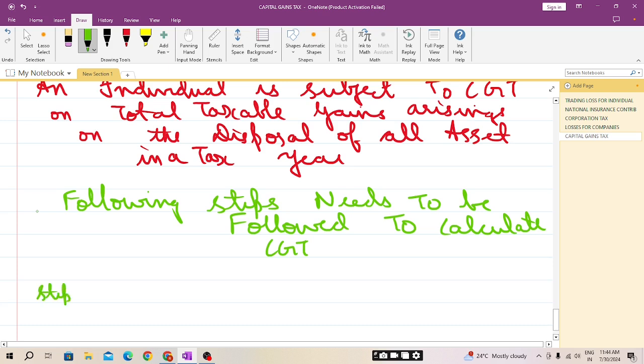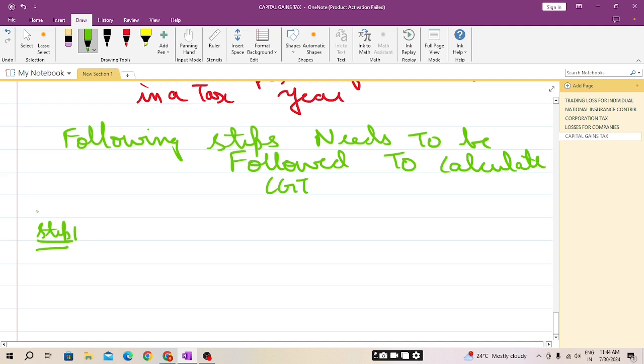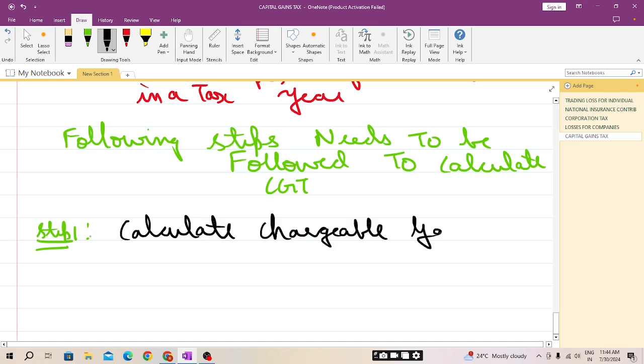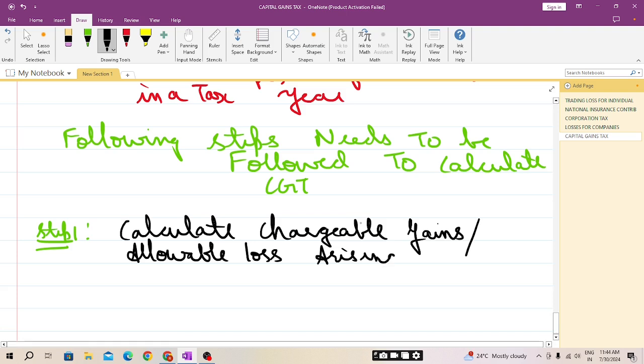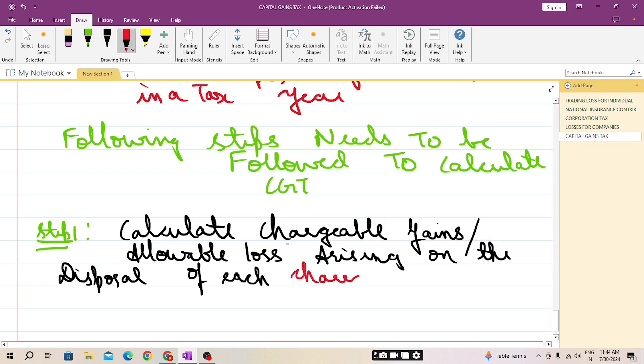The step number 1 is to calculate chargeable gains or allowable loss arising on the disposal of each chargeable asset separately, students.